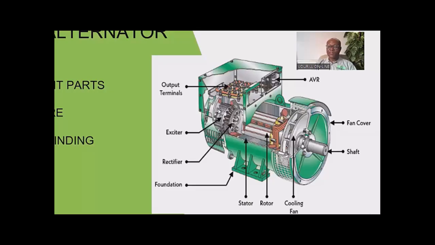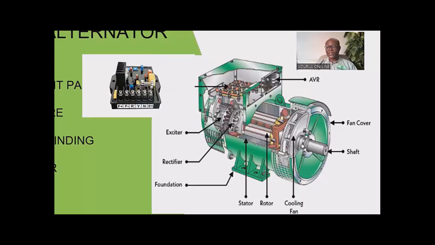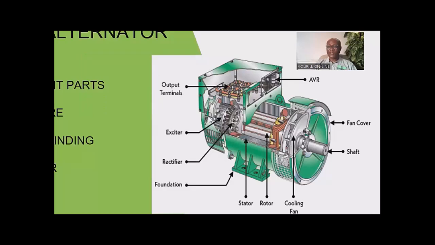Then this exciter, like we said earlier, is a smaller generator, which means that its own field also needs a DC voltage supply. The field winding receives its own DC voltage supply from this unit, that is the AVR. The AVR receives its power from the output of the generator, and then it converts it into the DC voltage required by the exciter field.